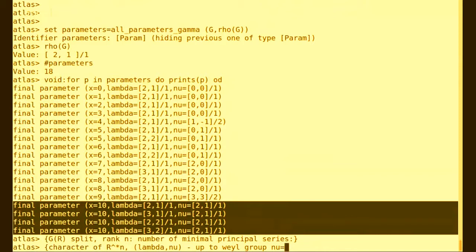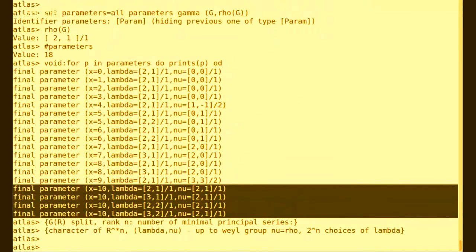I forgot to specify the infinitesimal character. Let's say rho. You can take nu to be rho, and then there are 2 to the n choices of lambda. Okay. So for SP4, there are 4.